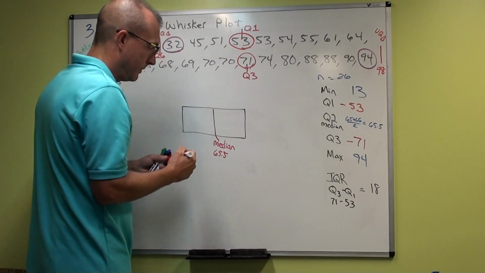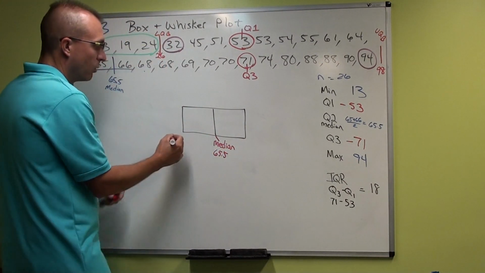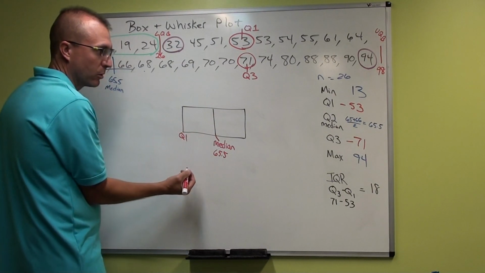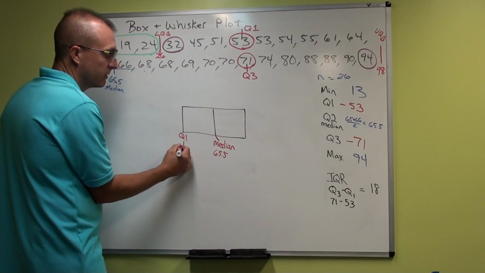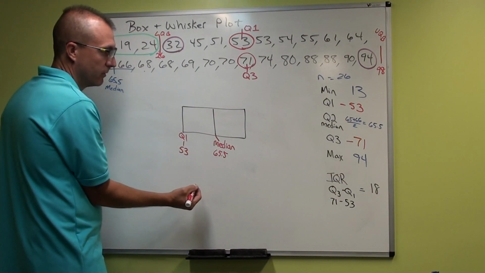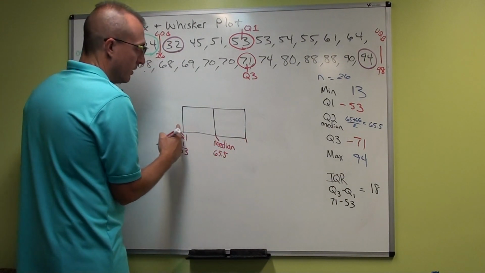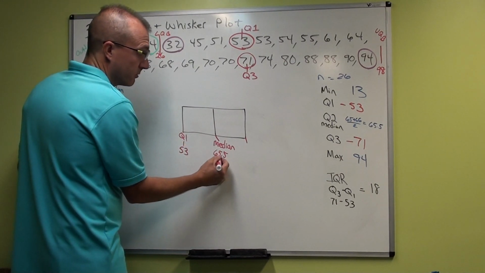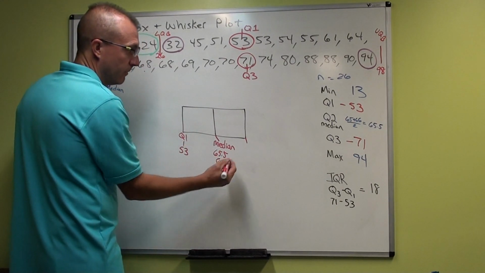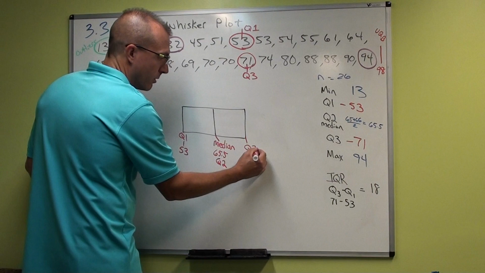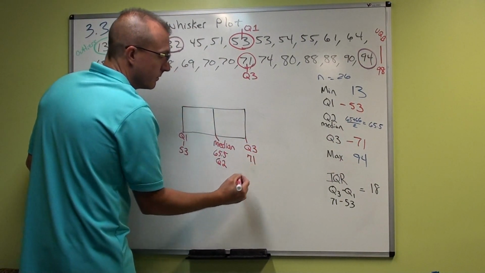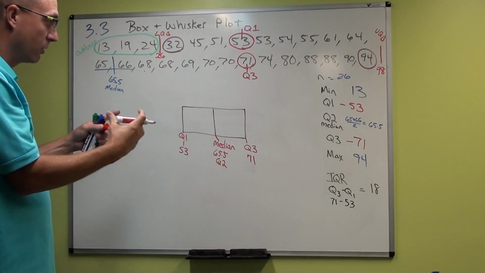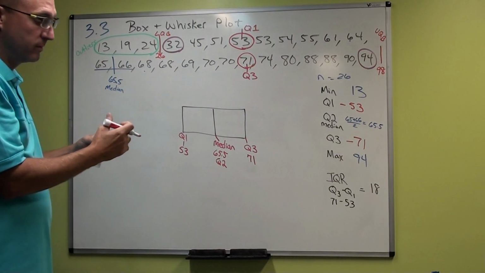This is going to be your quartile 1, or your lower quartile, this line. So this line is going to be 53. The median is Q2, and this one is Q3, which is 71. So now your quartiles are done.